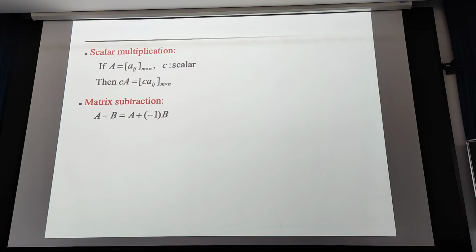Then the next operation is scalar multiplication. We multiply every entry of a matrix by a number k. And then the matrix subtraction is defined like that.